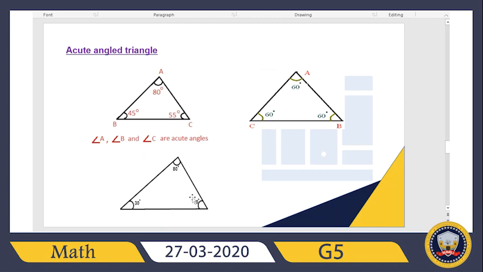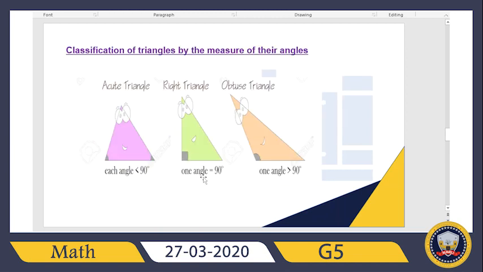So each one of these angles is less than 90 degrees, so I can call this triangle an acute angled triangle. So again, if I have a triangle where each angle is less than 90 degrees, I can call this triangle an acute angled triangle. Okay, clear?